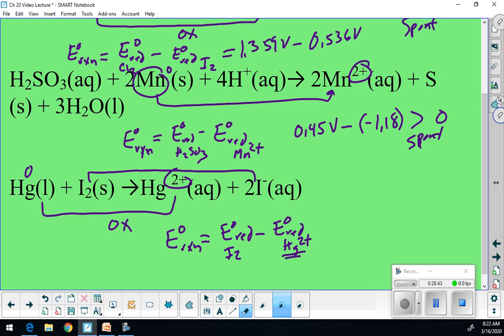Remember, these all have to be reductions, so even though my mercury is oxidizing, I'm looking for the reverse for the mercury, right?